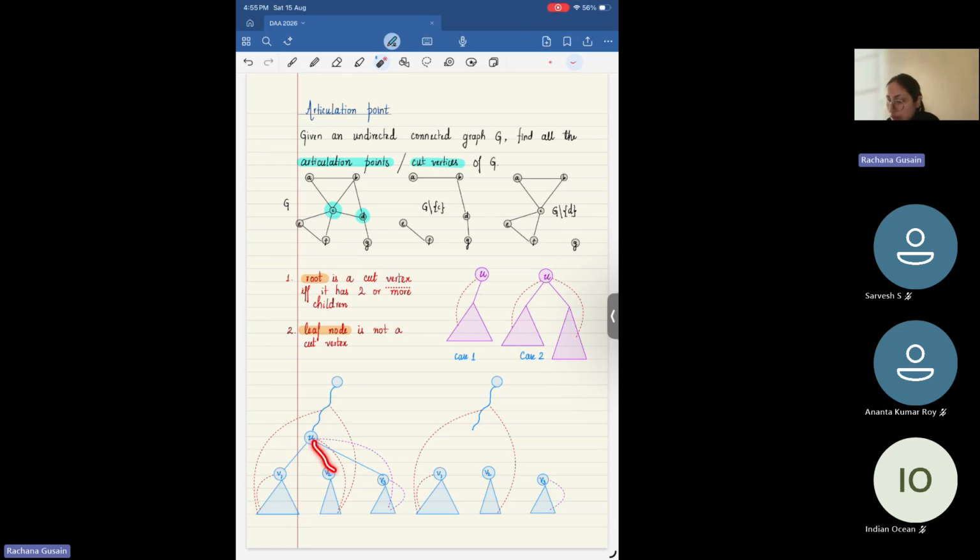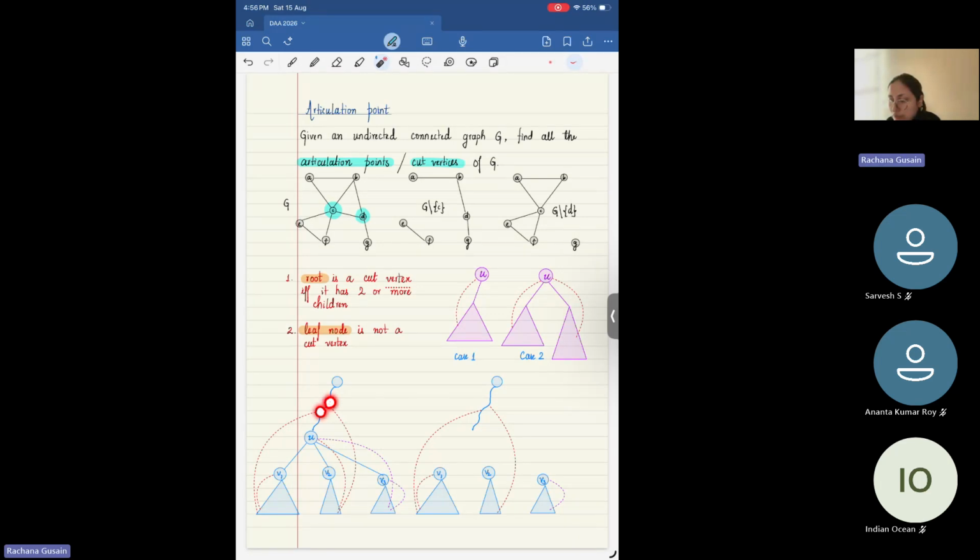Then for the second child of u, again I look at all the nodes in the subtree. Look at all the back edges going from this subtree. Just note the one which is going to the lowest DFS number, lowest start number.